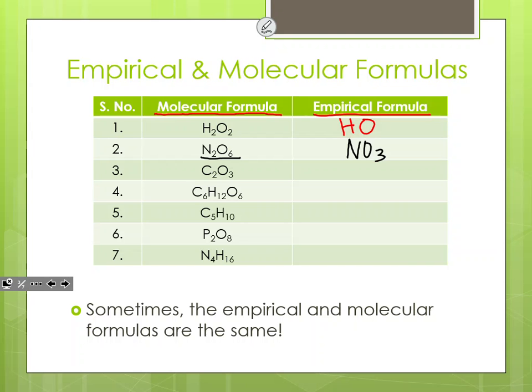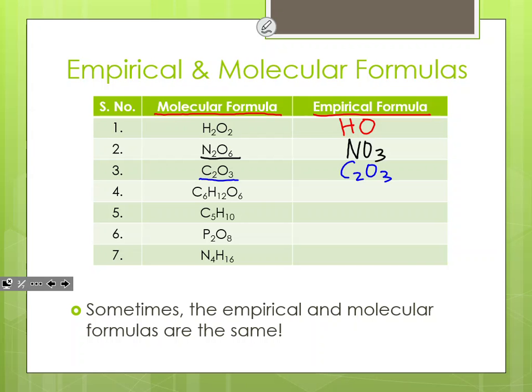Now, interestingly enough, number 3, does it have a common factor? No, it's already in its reduced form. So when it's already in its reduced form and you can't reduce it anymore, the empirical formula is the same as the molecular formula. So in that case, you would just rewrite it.